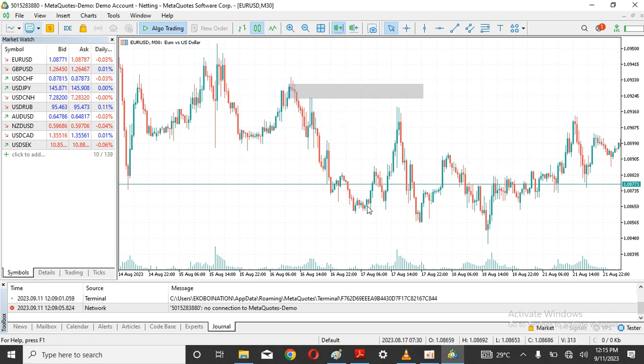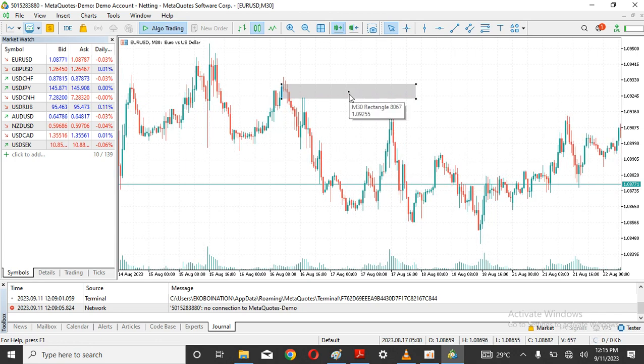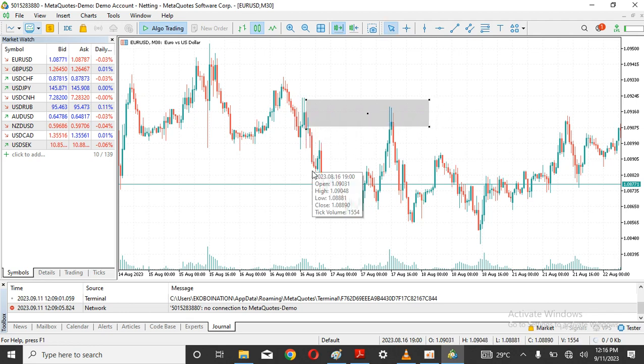It goes right down. Let's look for another example. This is the last example I'll give. This last bullish candle before this bearish rally, and see what happened here. Price came back to it, tested it, and sold.